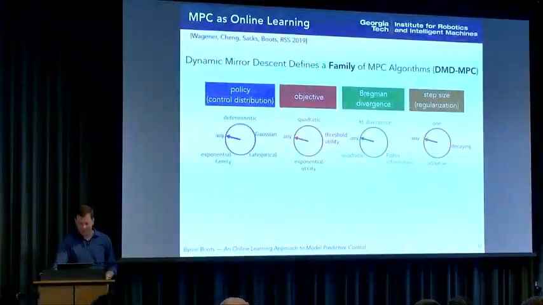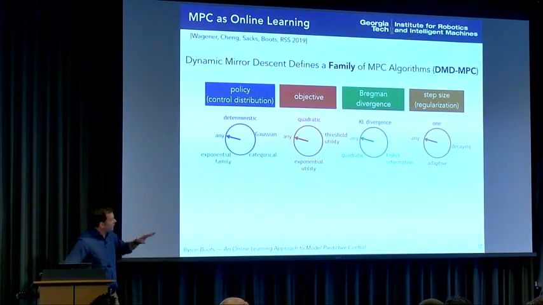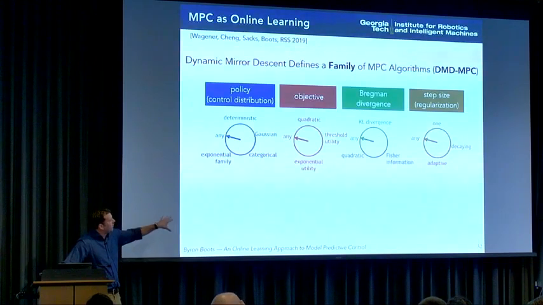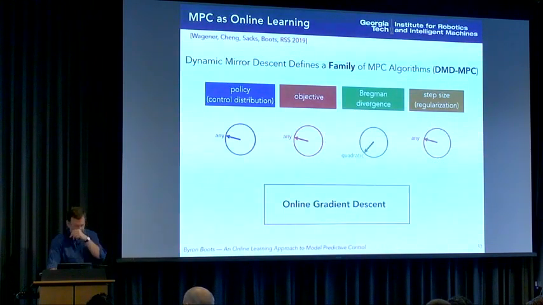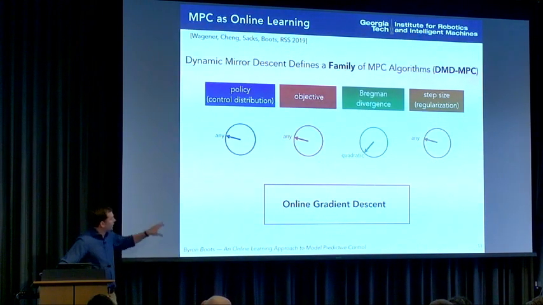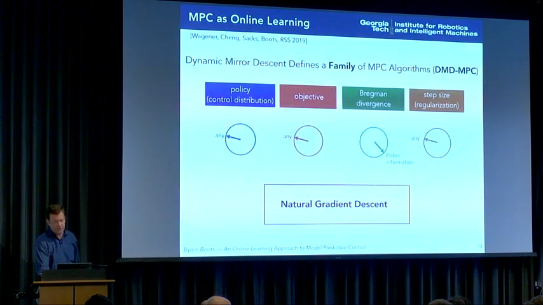So there's 5 minutes. Okay. All right. So I just want to show you that when you make different choices here, you get different algorithms as special cases. There are some pretty obvious ones like online gradient descent, where you can set these to anything, but you're using a quadratic Bregman divergence. Natural gradient descent, where you're using Fisher information.